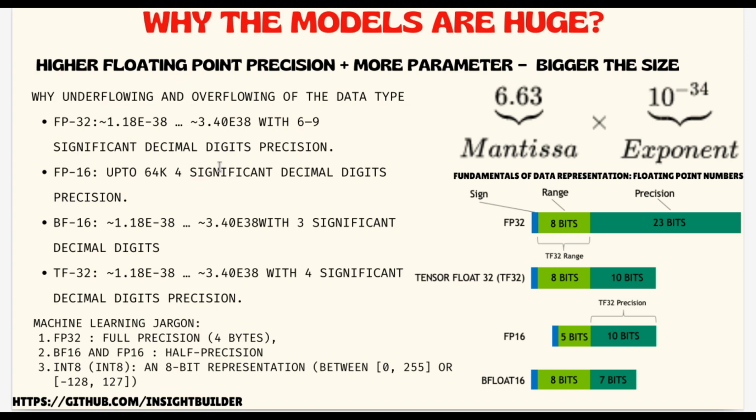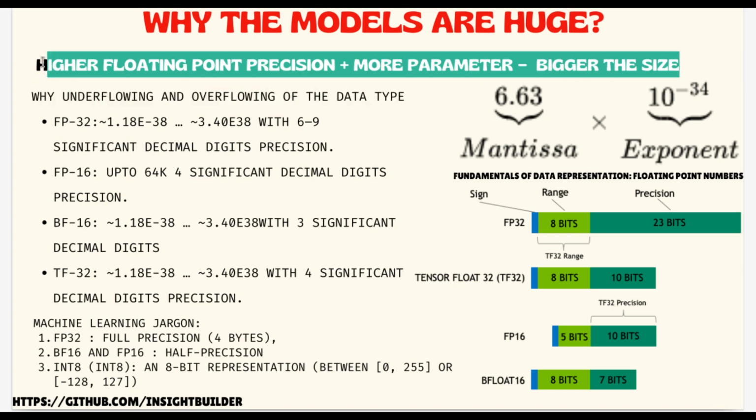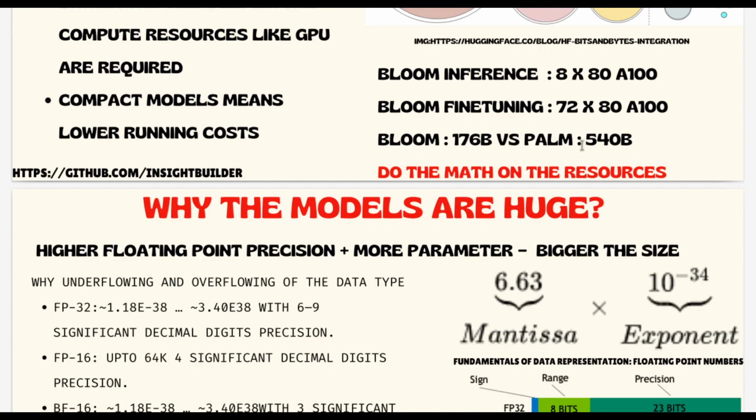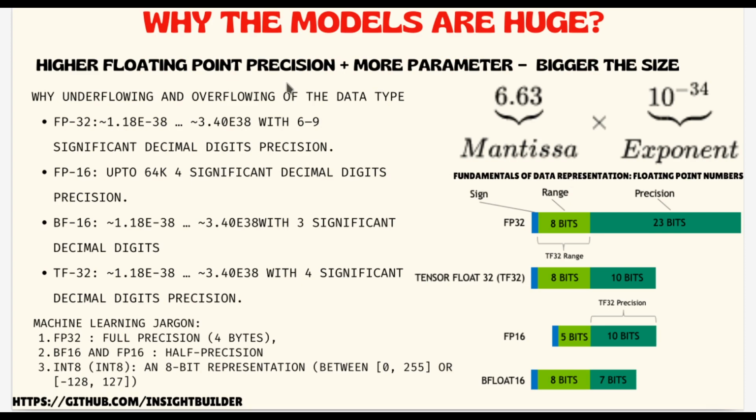I'm just giving you this slide: higher floating point precision plus more parameters equals a bigger model size. Now if you reduce the floating point precision and make it a different kind of data type, then we can reduce the model size. That is the idea of quantization.